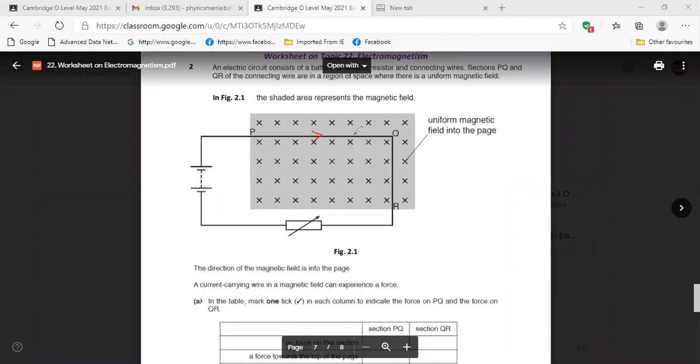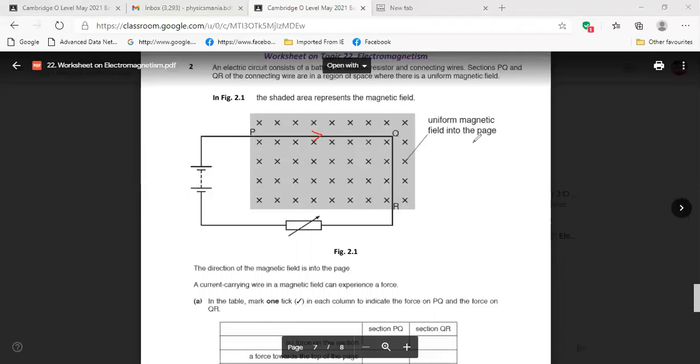The current direction is this way, to the right side. Your second finger is to the right side, and the uniform magnetic field is into the page. Into the page means towards the screen, right? So the forefinger is towards the screen, and the second finger is to the right side.